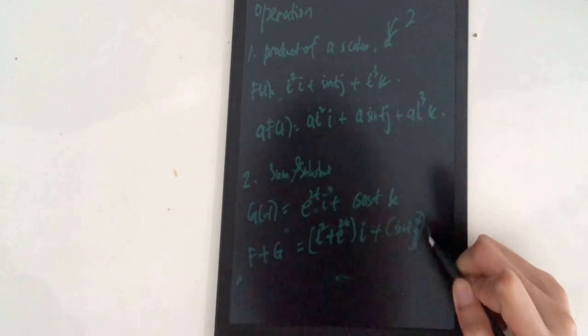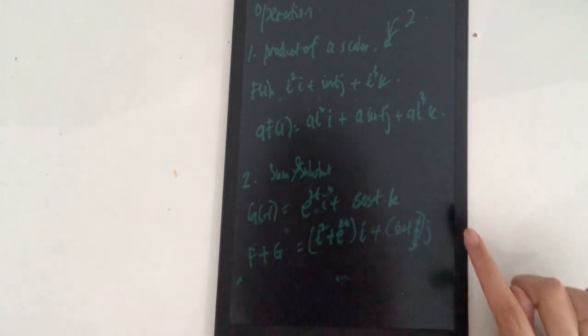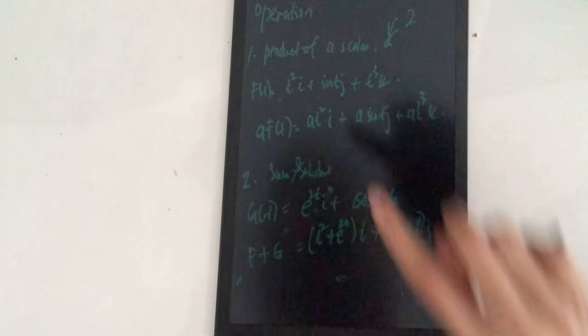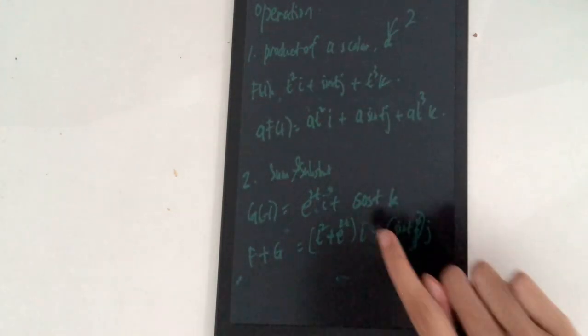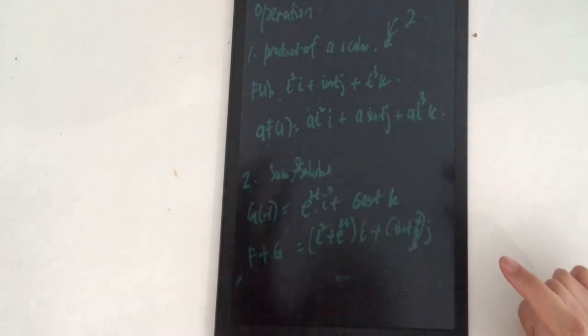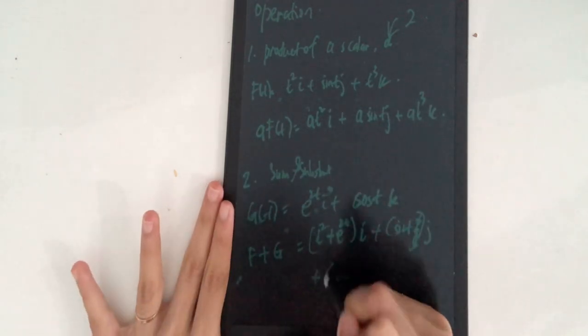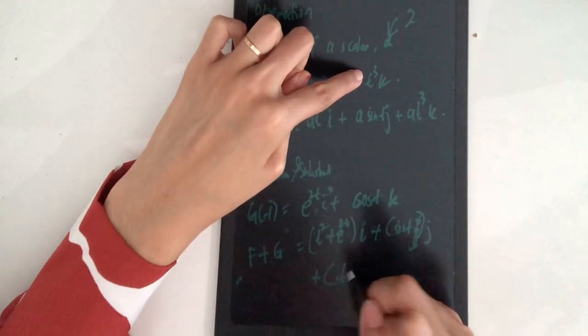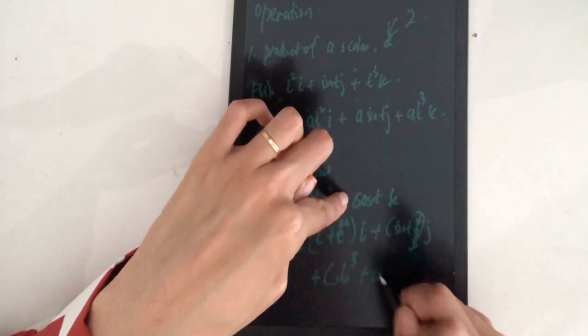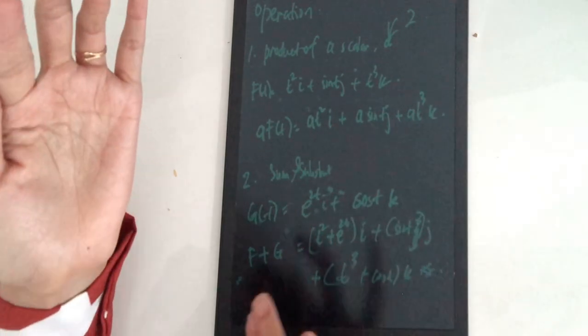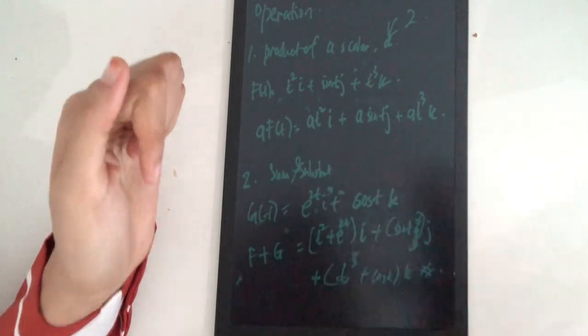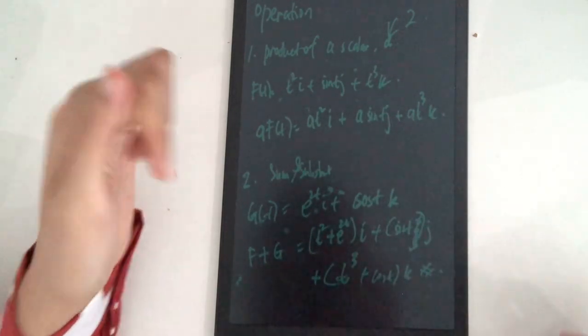So you just have sin t j, because sin t must be there, but sin t plus 0, meaning there is no j here. So you have only sin t j plus t cubed plus cos t k. It is the same for subtraction, minus. You do the same thing. Alright, so that is 1 and 2.